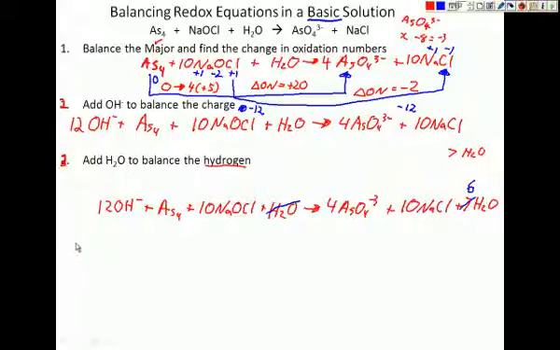I'll rewrite it one more time, and we have 12 OH. Oh God, that is not pretty. 12 OH minuses plus AsO4 plus 10 NaOCl plus, now we got rid of our H2O, so we don't need a plus right here, so we're just going to write a big arrow.